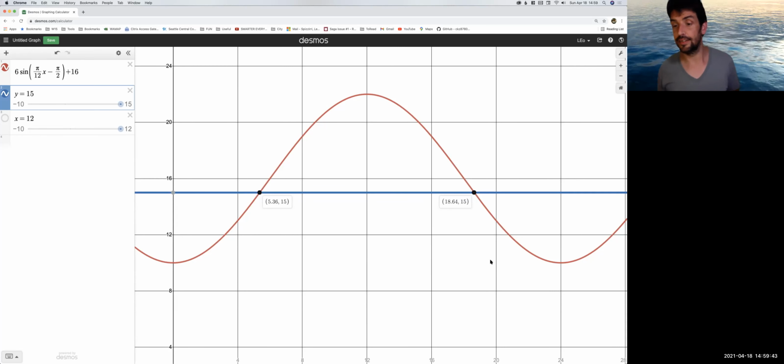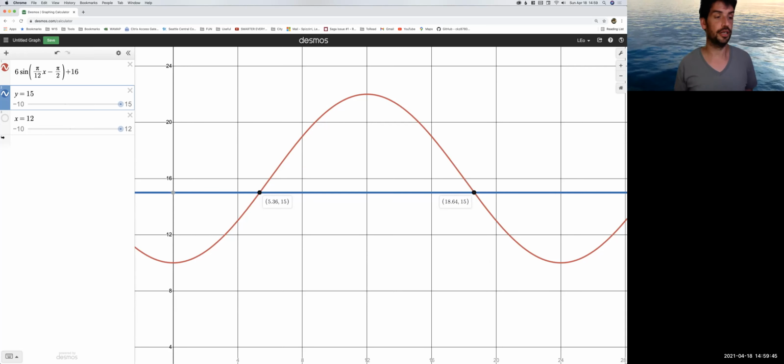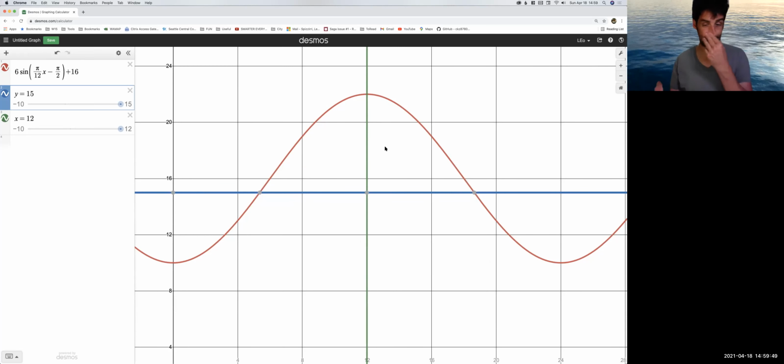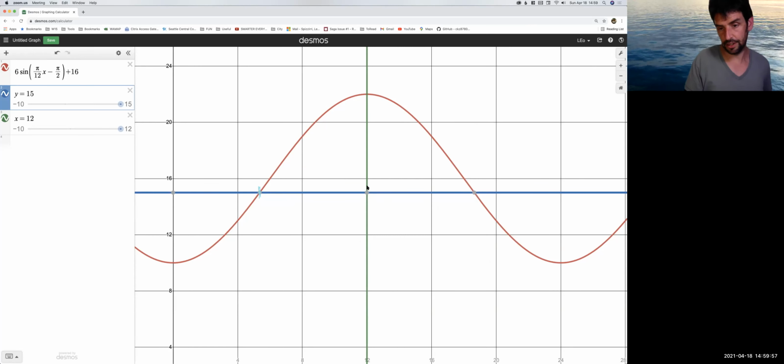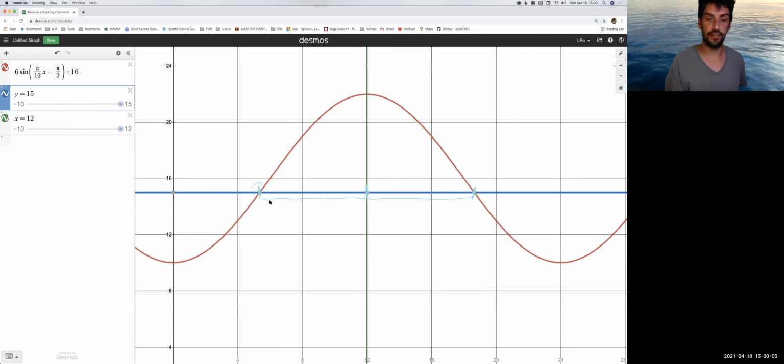And in this case, we were looking for the one in the afternoon. And we used the symmetry over this line, splitting the graph down the middle, where the distance from here to here is the same as the distance from the midline to here. Sine inverse gave us this one. We used it to find this point.